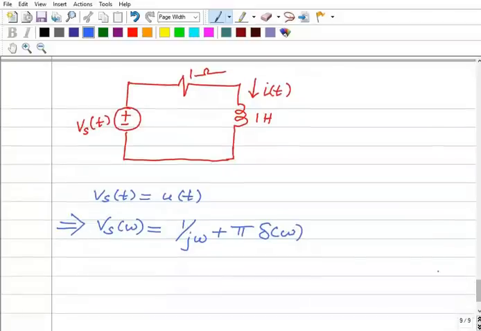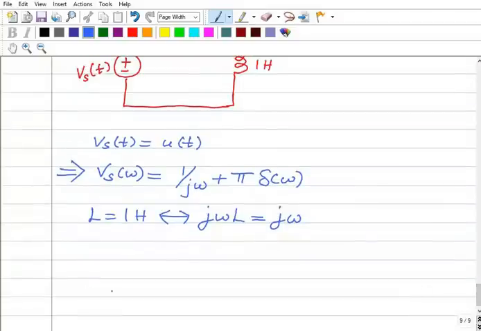One resistor is there, that value will not change. Then the 1 Henry inductor: j omega L, the corresponding impedance is just j omega. Let me redraw the circuit.